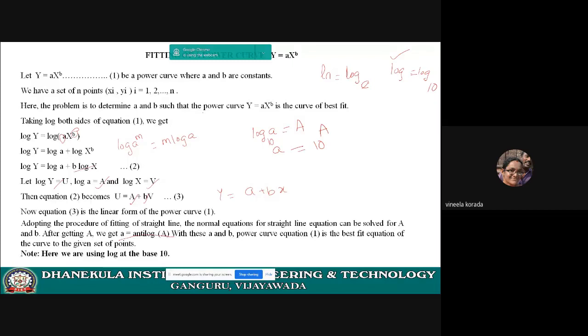These are the values I hope you have. Just a minute, I have done this with the change of scale. One minute, I'll give you the answer.